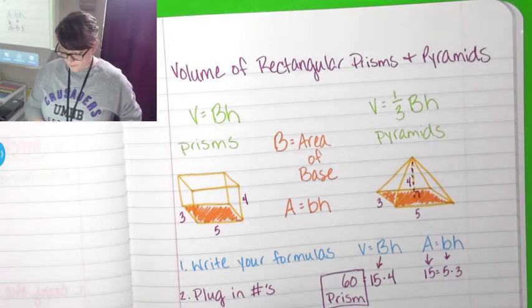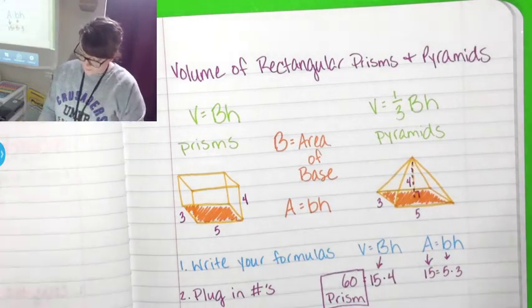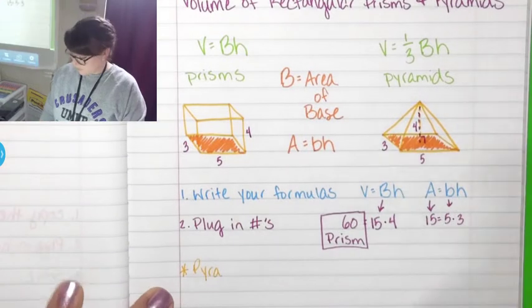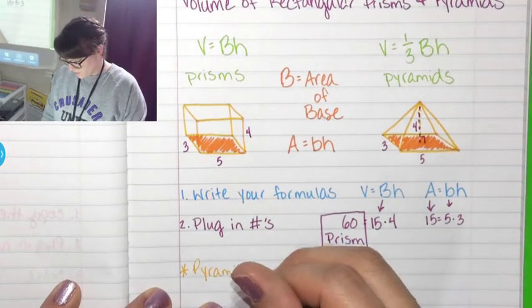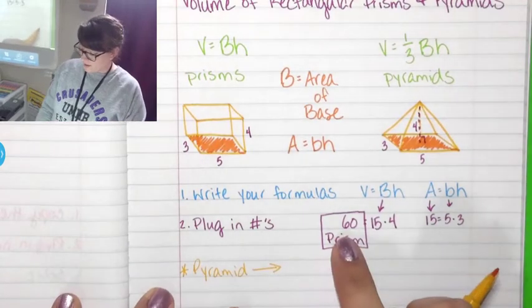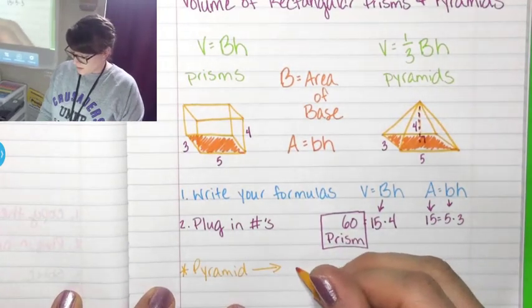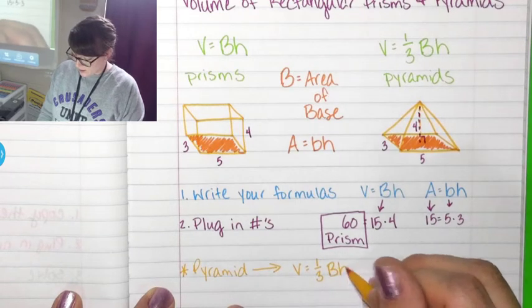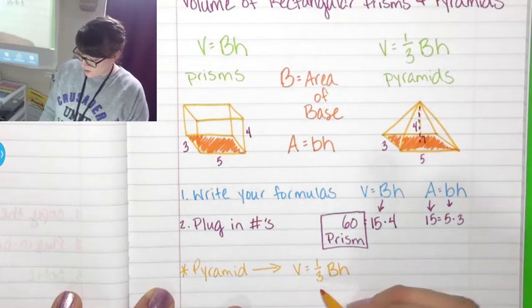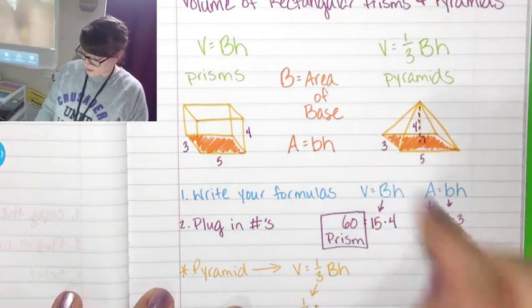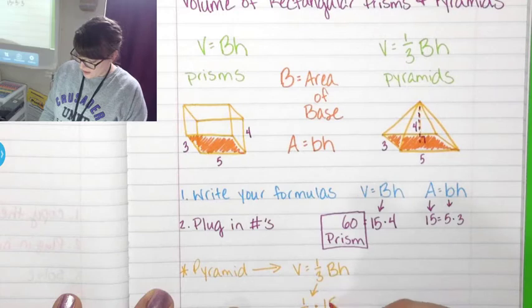Then last step, if it's a pyramid, it's a third of this. V is 1/3 capital B H. So we'd have 1/3. How much was the base? 5 times 3? 15.